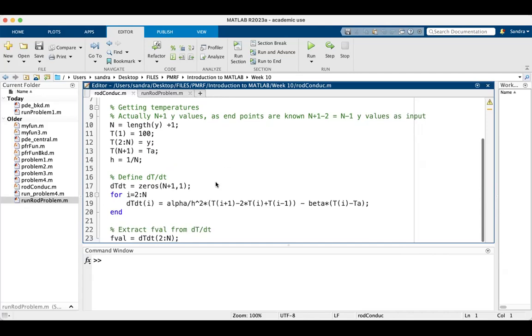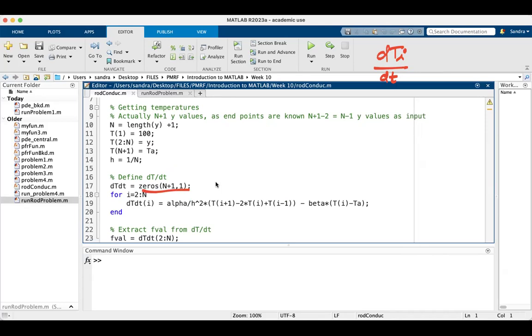So now moving forward, we have to write the ODE equation, that is dTi by dt has to be written. For that, what do you do? First, I am initializing this column vector to be all zeros. Now I'm not bothered about what is happening to my first entry.